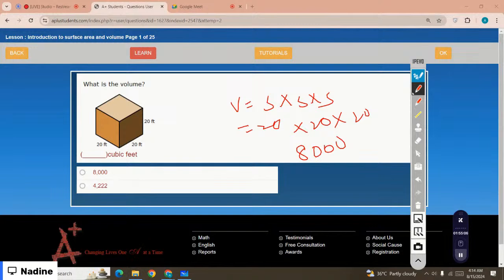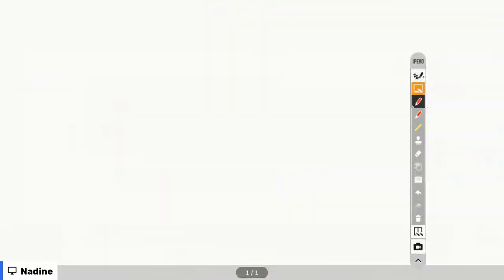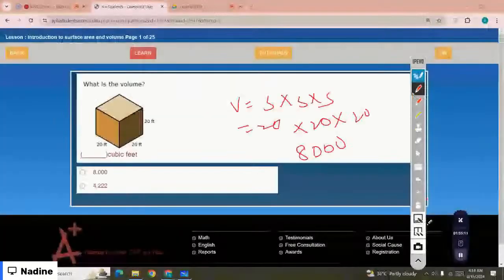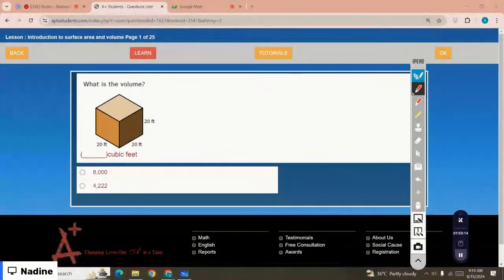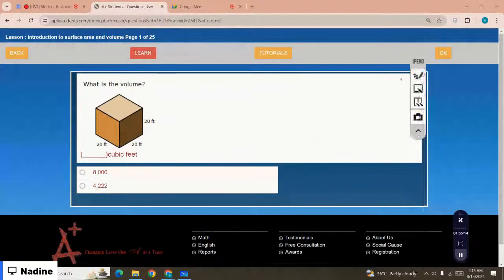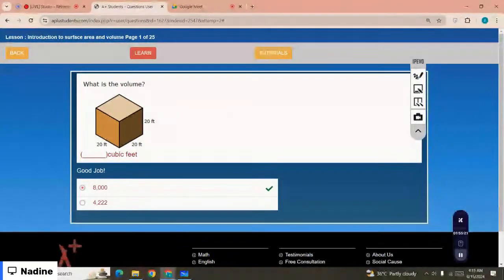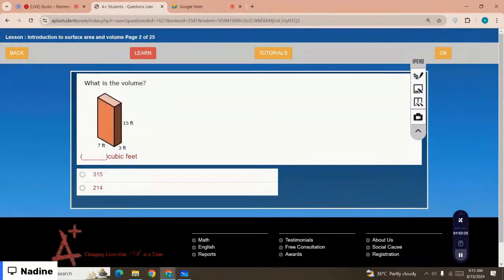Got it? Option number 1 is the correct option. Now, the volume of the prism is not side times side.